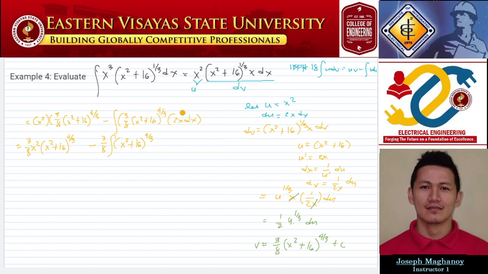Sir, why didn't you take the 2 as your constant? Because we need to apply our dx here. So if we have 2x, then we apply our correction factor, our dx. We only eliminate the term.